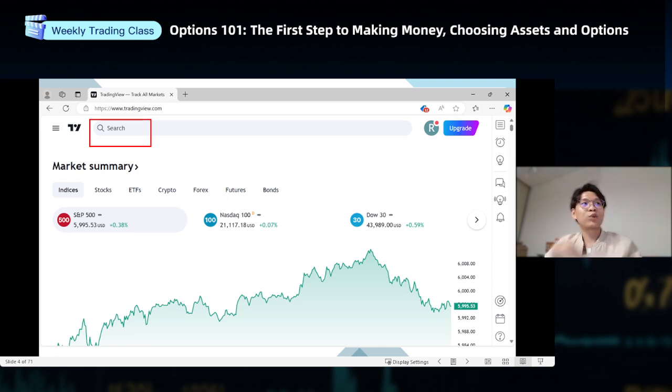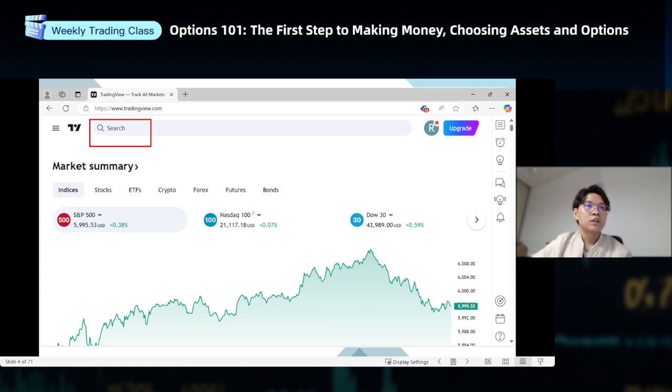So go to tradingview.com and then you can register yourself an account. It's free, but you can also upgrade to a membership account with a little bit of payment annually, I guess, and then you can access more functions. But in this case, the free account will be enough for our studies.